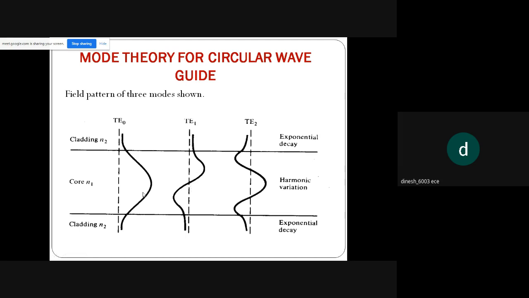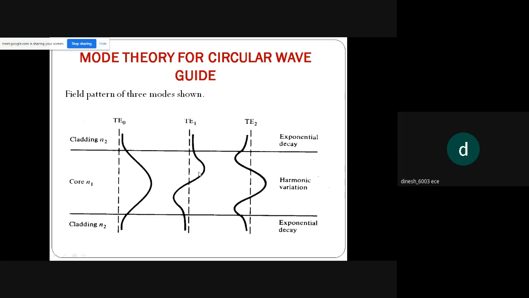So this is your reference axis, the dotted is your reference axis. The field of the optical wave or the light wave will propagate at the cladding in this fashion, and it will have a peak at this point, and it will cross the reference in this point, and it will have a pattern like this. Then it will move on to the cladding part.